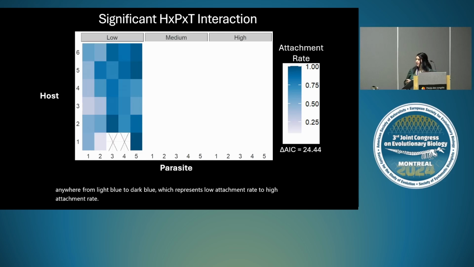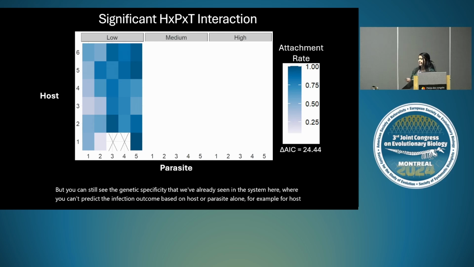So for the low, and I want to point out real quick that these are just combinations that did not have enough nematodes in them to get anything. But you can still see the genetic specificity that we've already seen in the system here, where you can't predict the infection outcome based on host or parasite alone. For example, for host 6, the highest attachment rate is with parasite source 5, and the lowest is with 2.